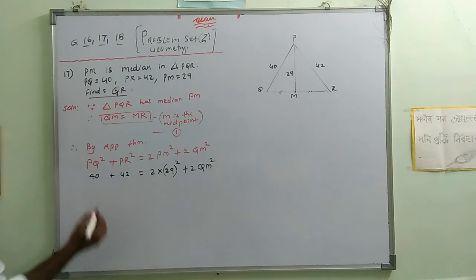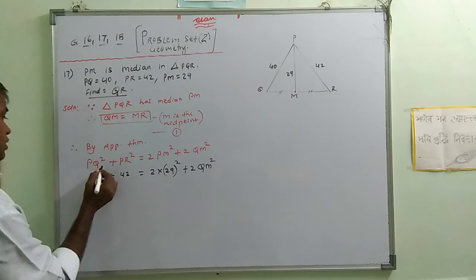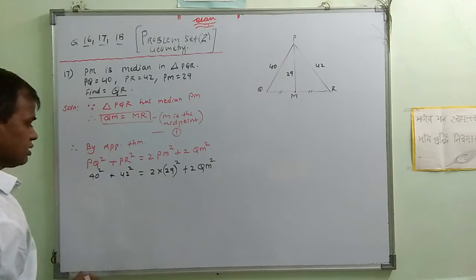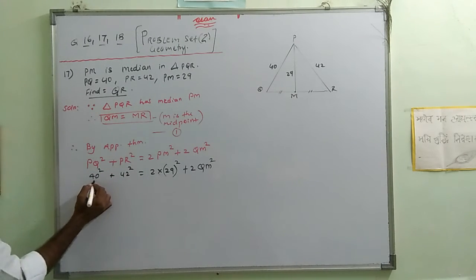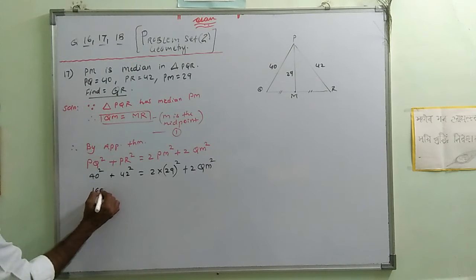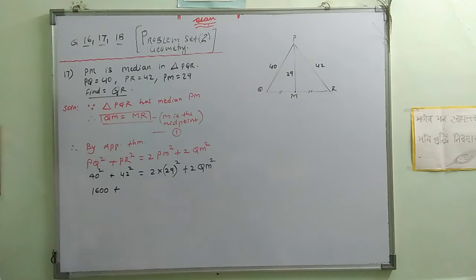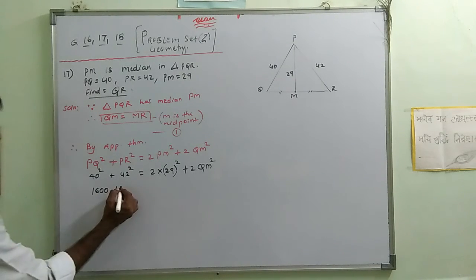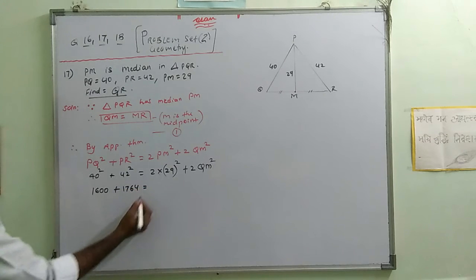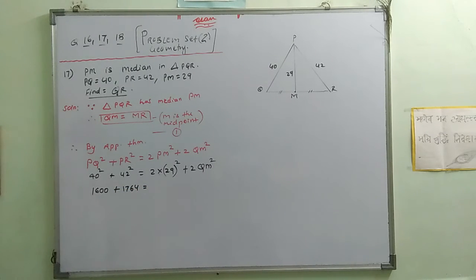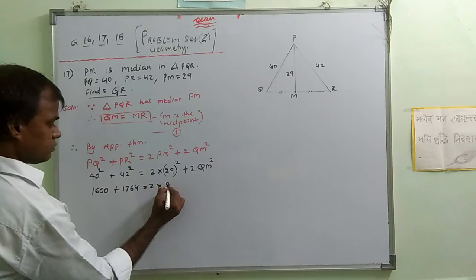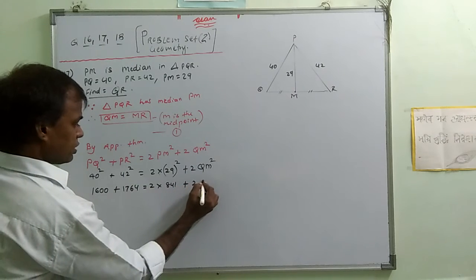Okay, 40 square plus 42 square. 4 fours are 16. 42 square gives us 1764, equals 29 square, which is 841, plus 2 QM square.